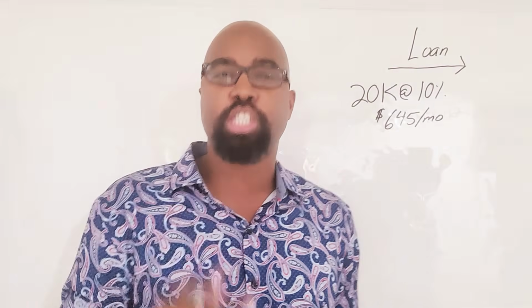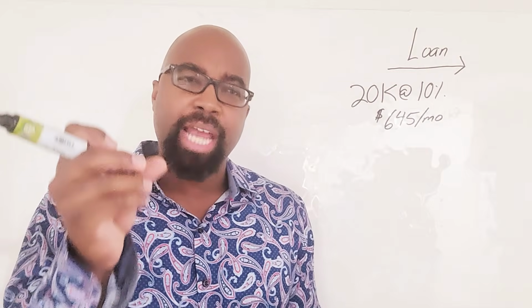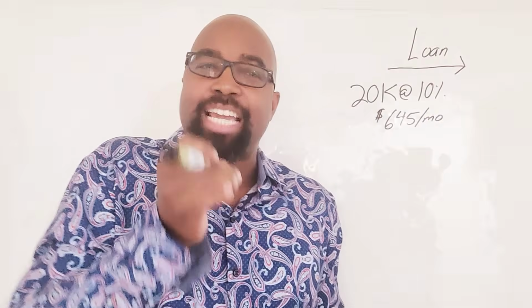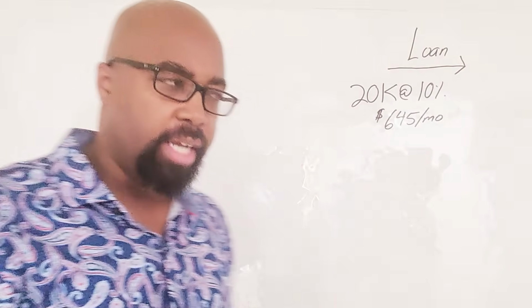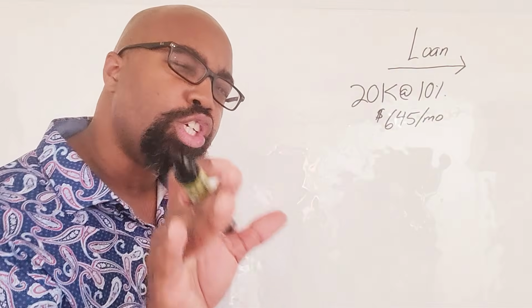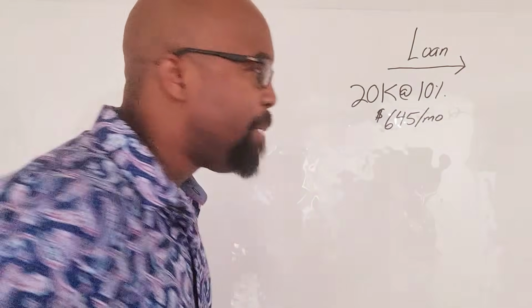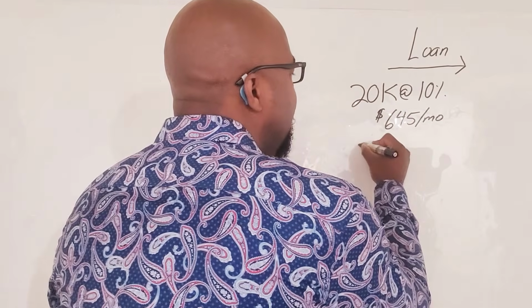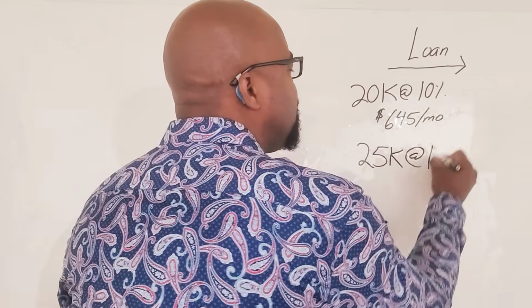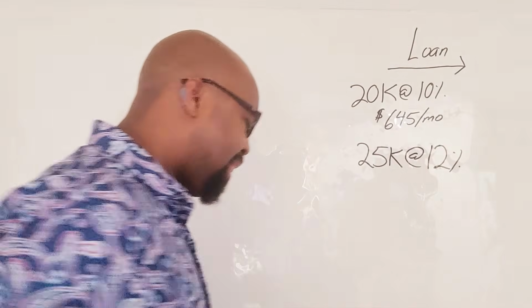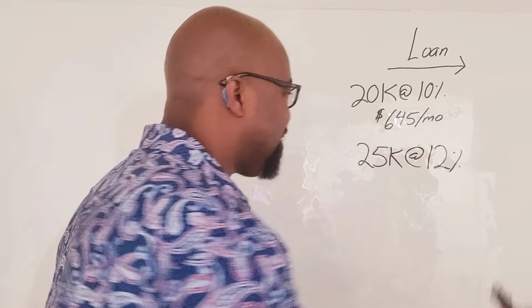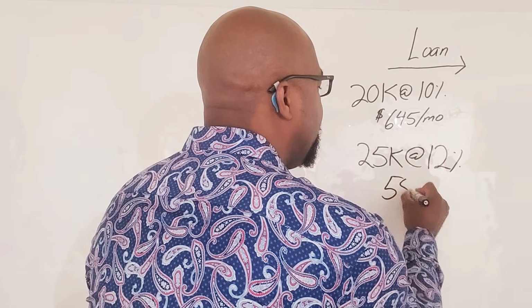That's how we know which loan to pay off first and which loan to continue to pay those minimum monthly payments until we can get rid of that cash flow sucking loan. Let's go ahead and name the other loan, and then I'll show you the cash flow indicator method. Now, we have another loan in the tune of $25K at 12%. That one is going to be $556 each and every month.